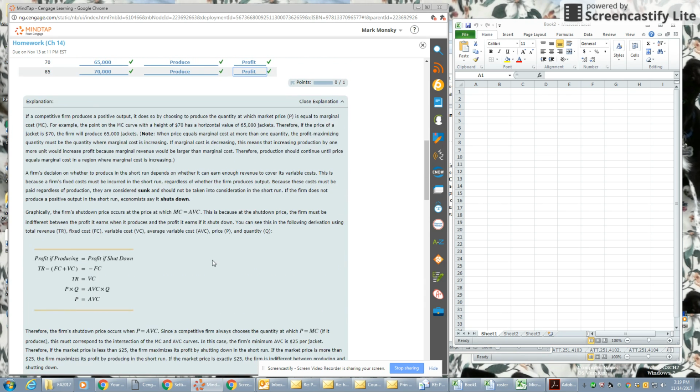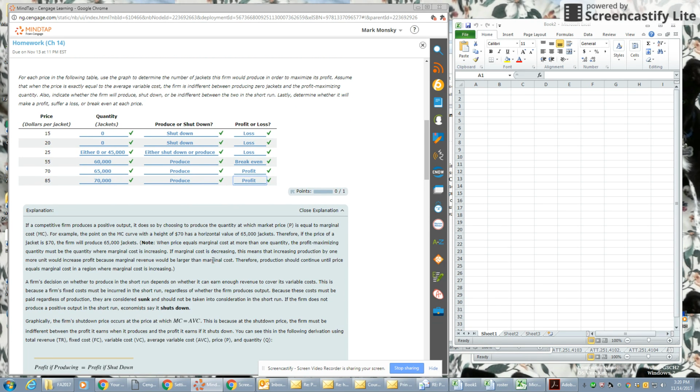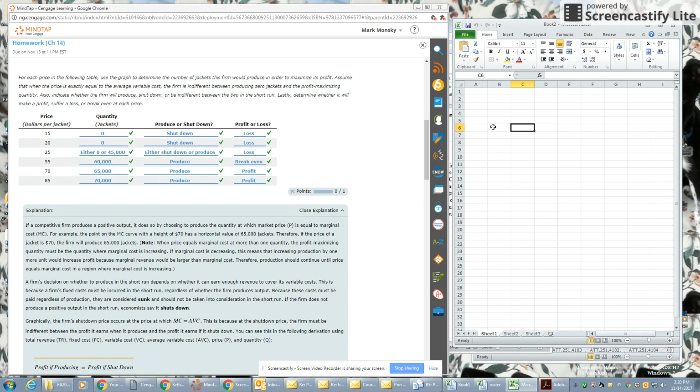The first price level they're willing to produce at is 25, and at that price of 25, they were willing to produce 45,000 jackets. So let's start making a little graph. When you work with Apply, and this might be a big hint for a lot of people, have an open spreadsheet, and that will help you as you work through these problems.